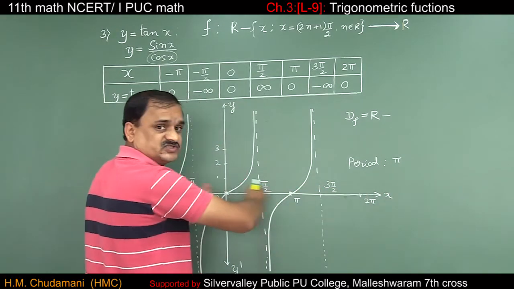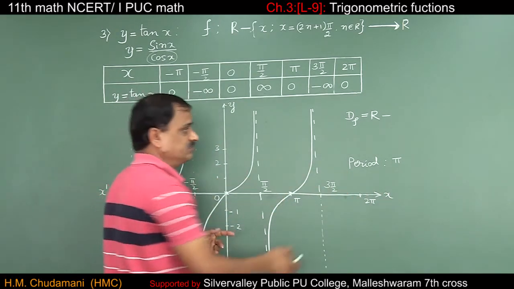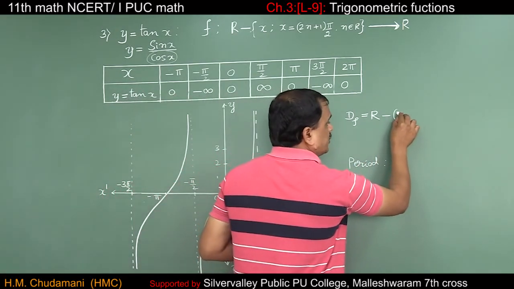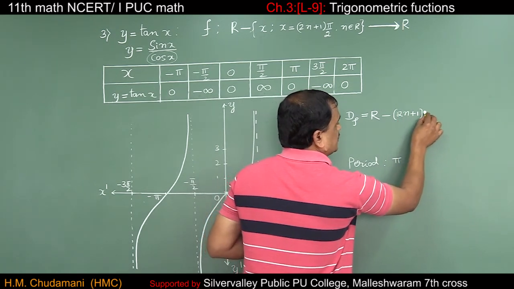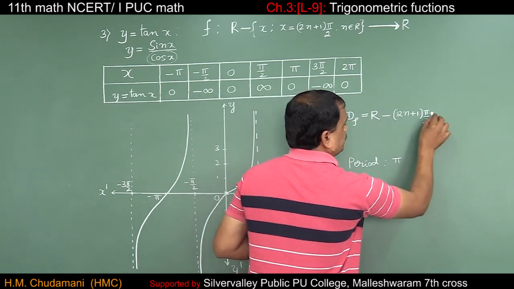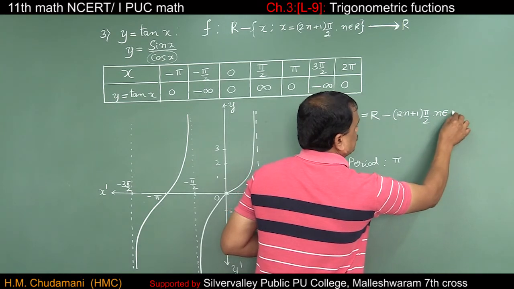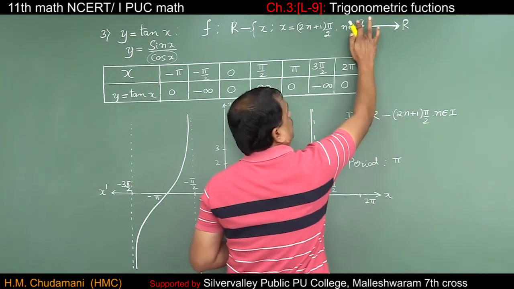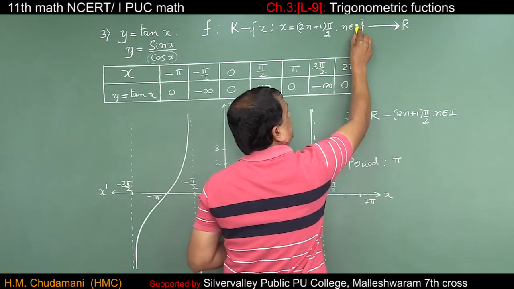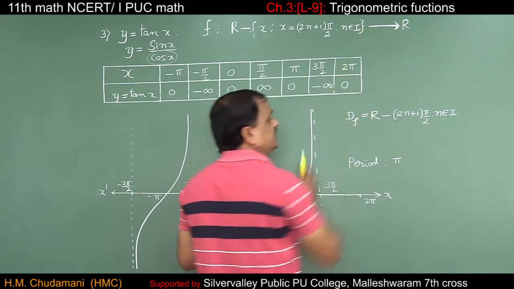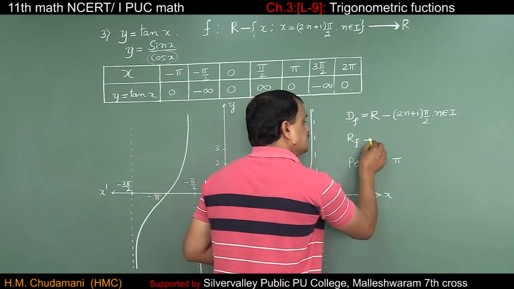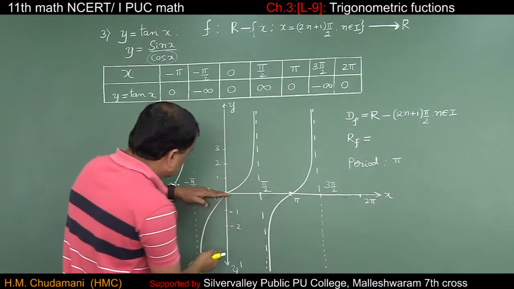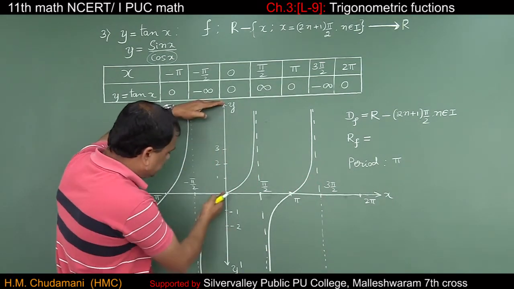So the domain is the set of real numbers except (2n plus 1) pi by 2, where n belongs to integers.